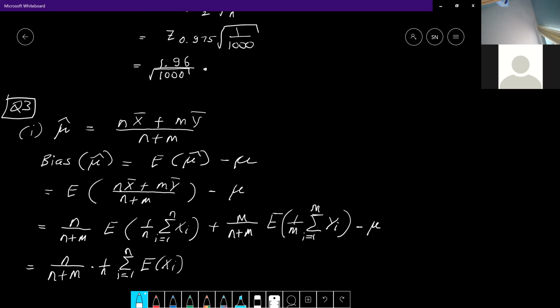Okay. Now taking the expectation inside, you will get this, right? For the first term. For the second term, you will get this, and we know that the population mean is mu, so all the expectations are equal to mu.